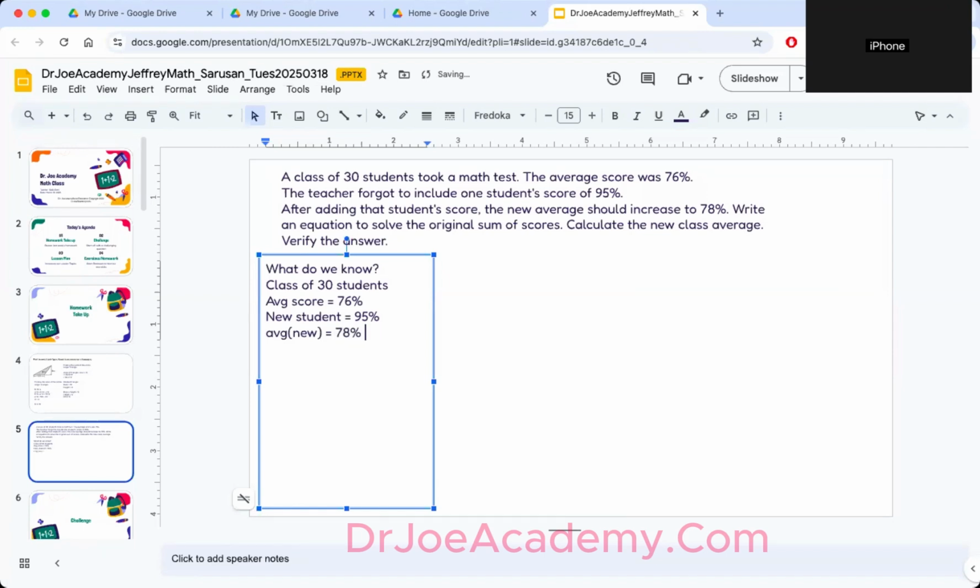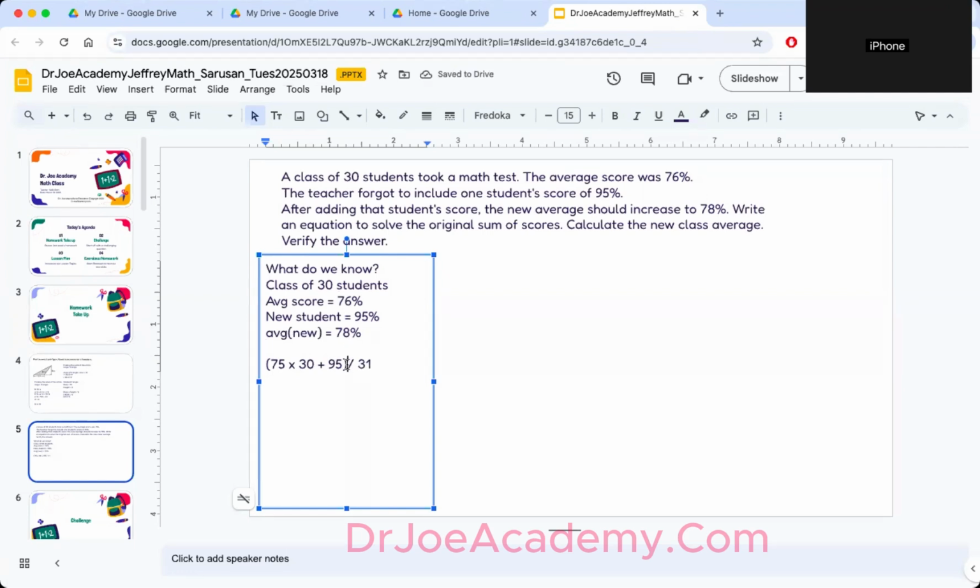Is 76 times 30 plus 95 divided by 31 to get the answer? 76 times 30 plus 95 divided by 31. All right, so am I writing this out correctly?